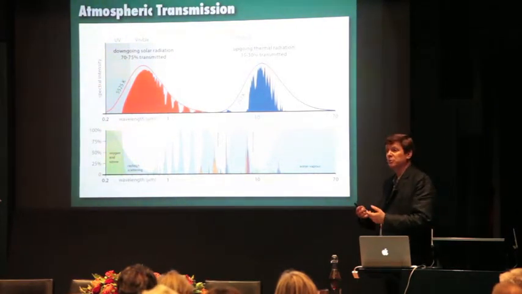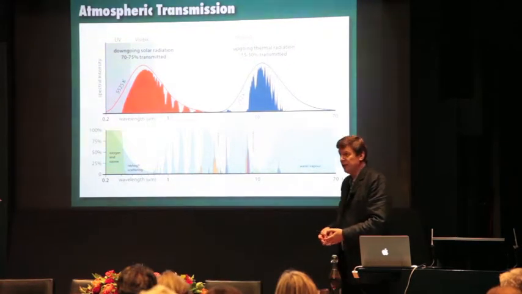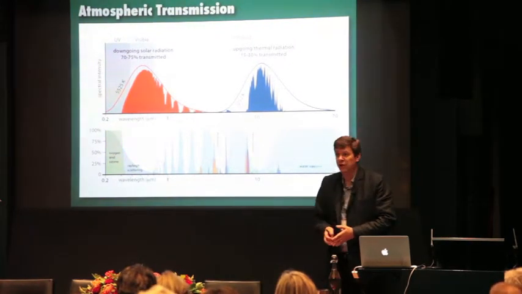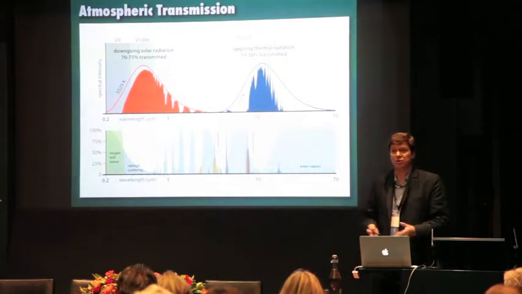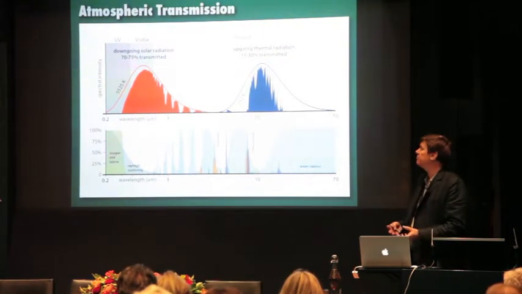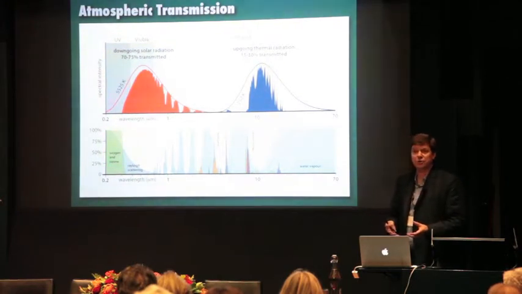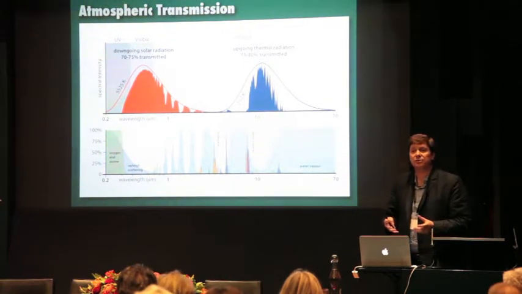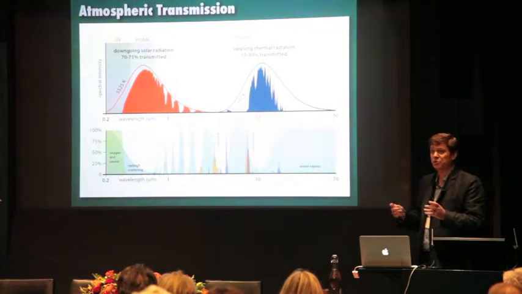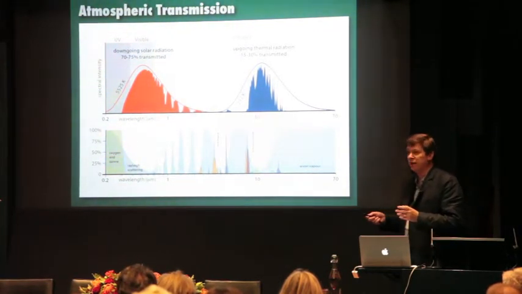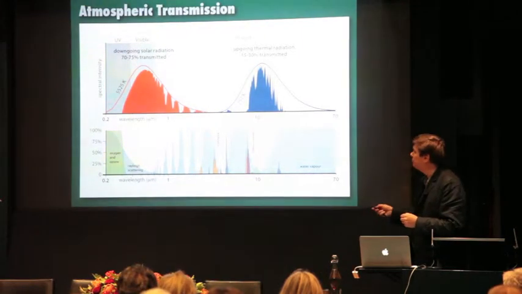The planet absorbs all wavelengths, including visible light, including ultraviolet. That warms the mass of the planet, but it doesn't warm it very much. And the planet then re-radiates as much energy to space as it absorbs, but it does it at a longer wavelength, therefore at a lower temperature.